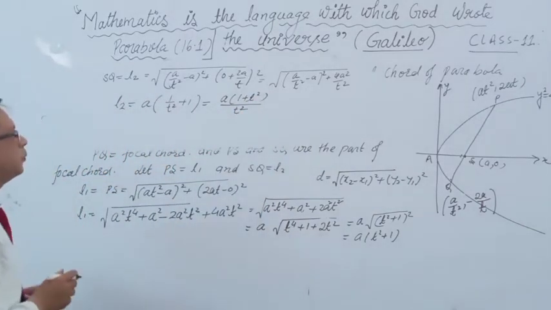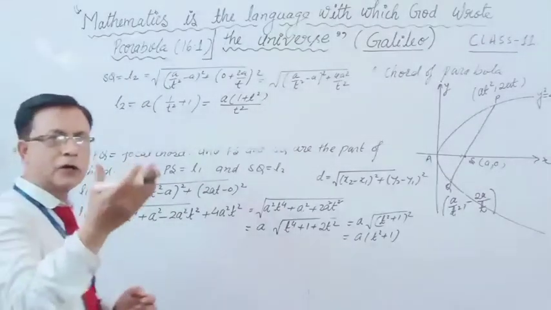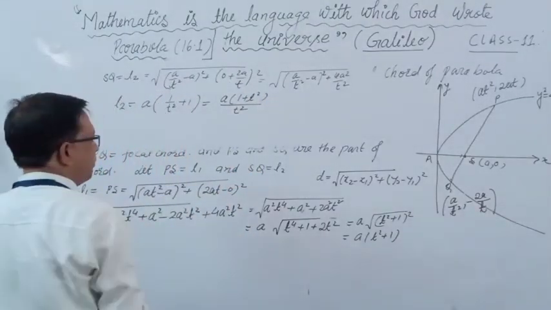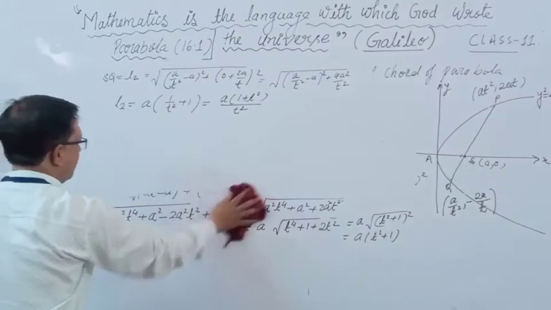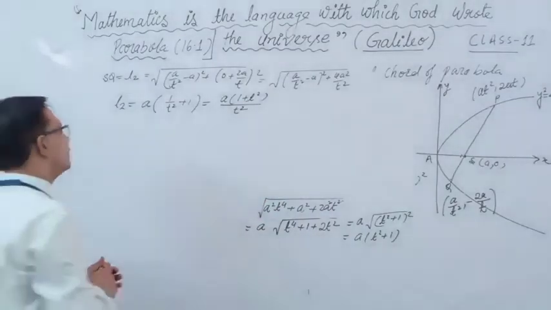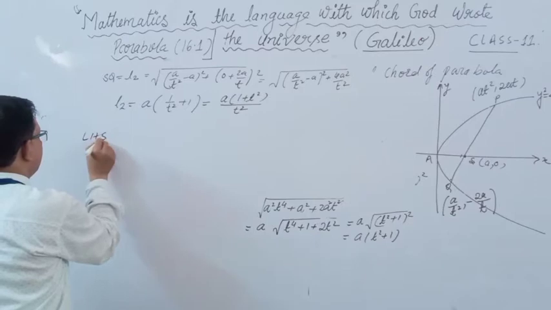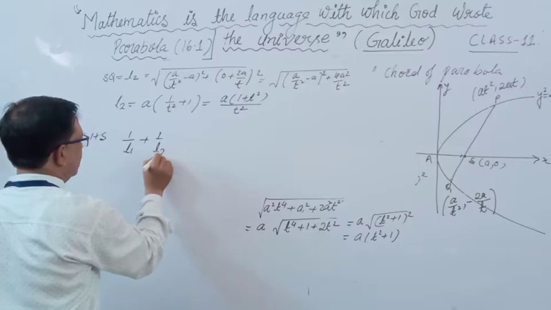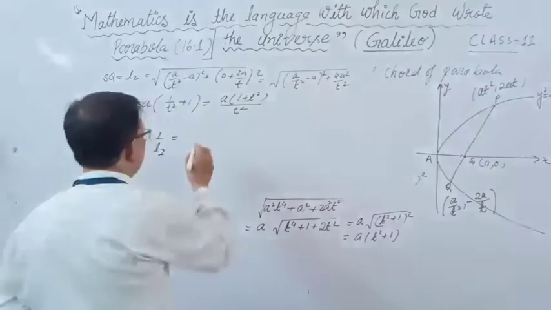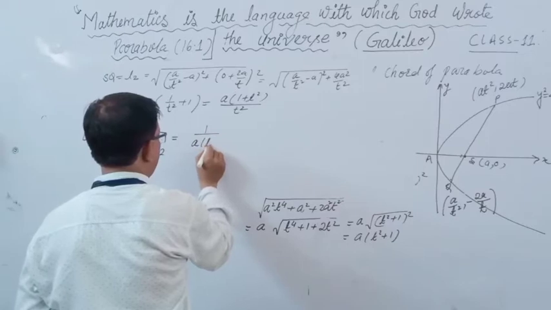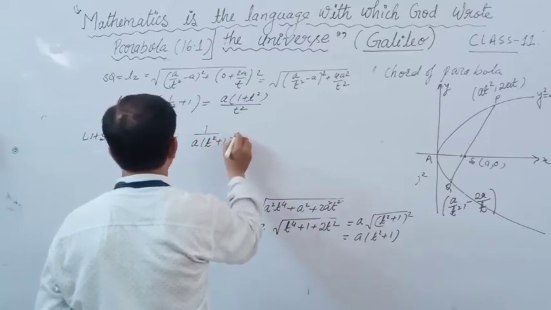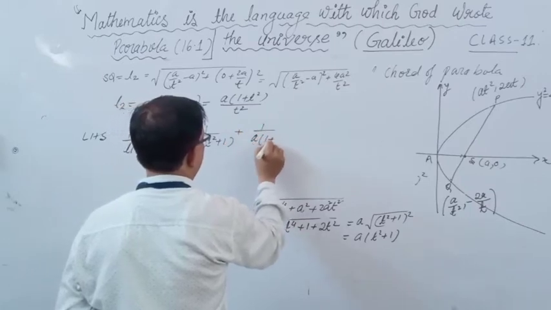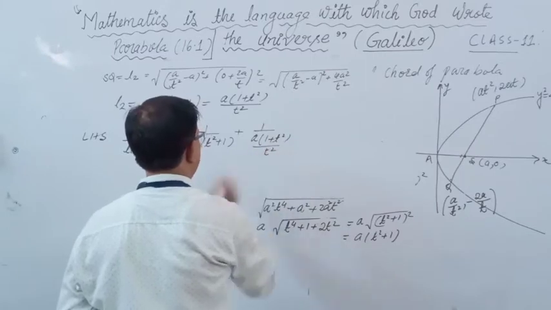Now we are going to prove that 1 upon L1 plus 1 upon L2 is equal to 1 upon a. So students, we take the LHS. 1 upon L1 plus 1 upon L2 means 1 upon a(t square plus 1) plus 1 upon a(1 plus t square) upon t square.